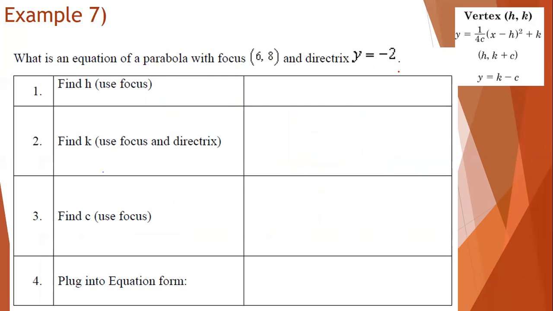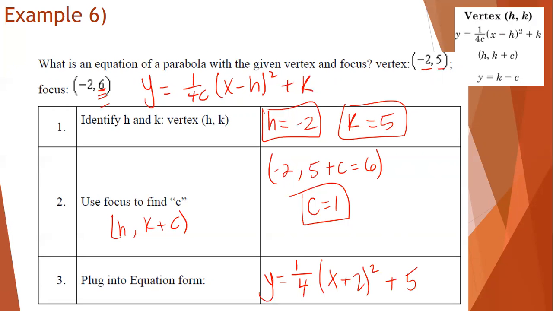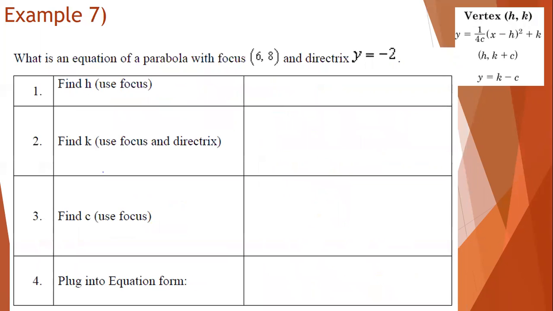We are using, again, if you look right here, we were given the vertex. Here, are we given our vertex? No. So we have to actually do some work to find our h and our k. All right.